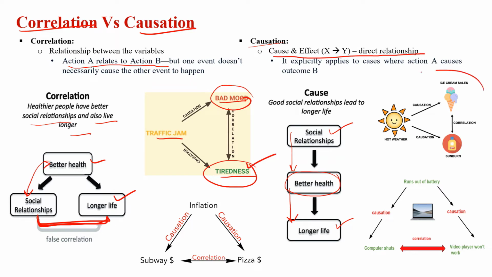Similarly, another example is that hot weather causes higher sales of ice cream. Similarly, hot weather can cause higher sales of sunburn creams. But there is a relationship: as the sale of ice cream increases, the sunburn cream is also increasing due to the hot weather. So there is a relationship.